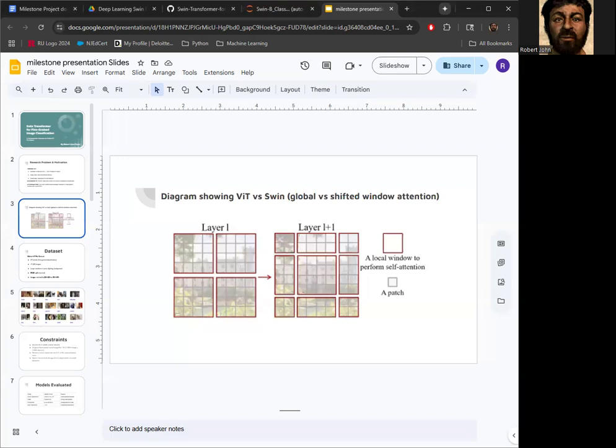Swin takes a different approach. It limits attention to small local windows within the image. Then in the next layer, these windows are shifted so that patches get to interact with neighboring regions they couldn't see before. This shift allows information to flow across the whole image over multiple layers, but with far less computation than full global attention.